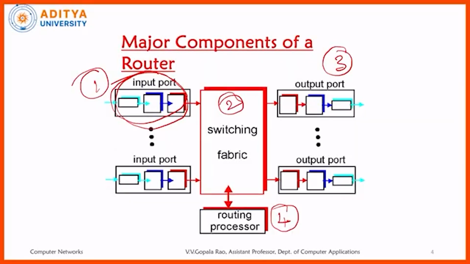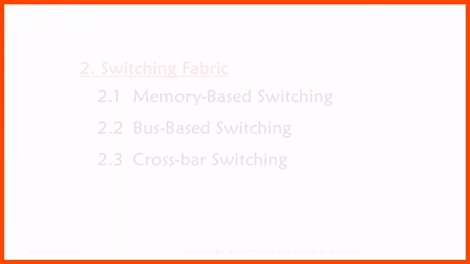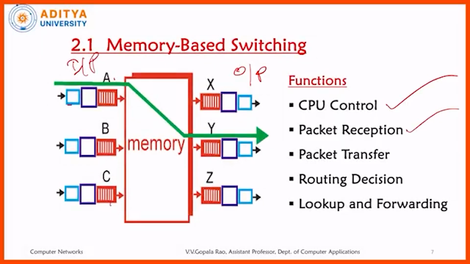You can see that there is a routing processor here. The input port gives an interrupt signal to the routing processor, saying that it is going to allow the packet to transmit from its side to the other side.